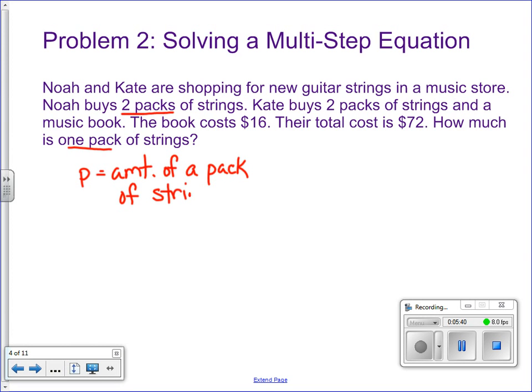In a word problem, you have the additional step of first defining what variable you're going to use to represent your answer. So P is equal to the amount of a pack of strings.